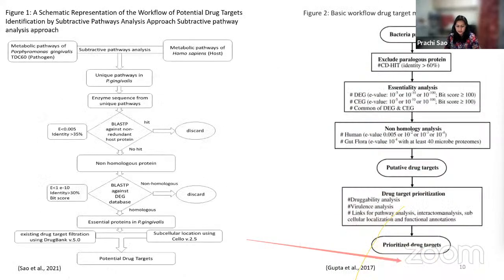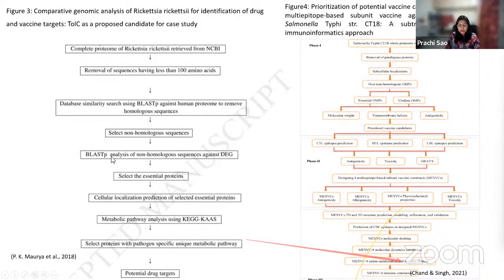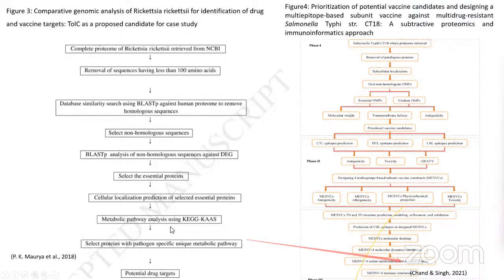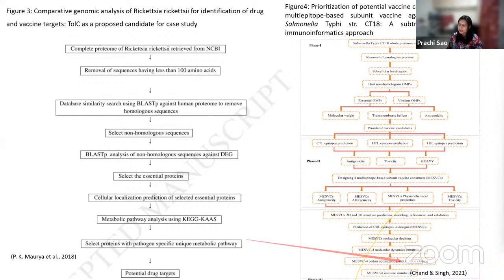Another variation we can do is we can also study the pathways at last. In the previous study, we have taken first the pathways and then extracted the genes. In the other studies, we can take all the genes and then we can do the functional analysis later. So when we are looking at the whole genome, we can choose those types of bacteria for which the functional annotation is not available in huge amount.